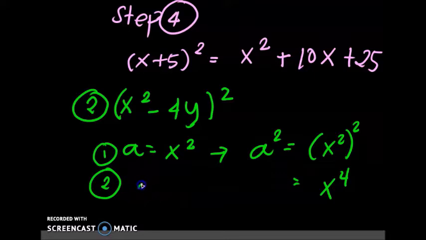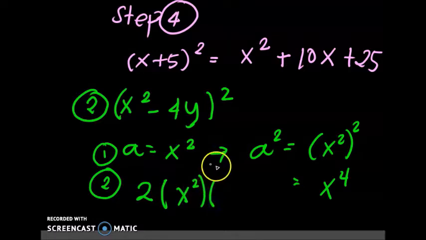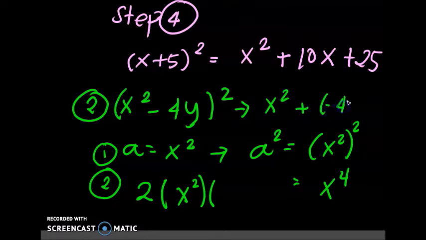Now, what will be the answer if we multiply it by a, which is x squared, and in this case, this should be broken down into special form, which is x squared plus negative 4y, because in order for us to use the formula, plus is the sign in the center.